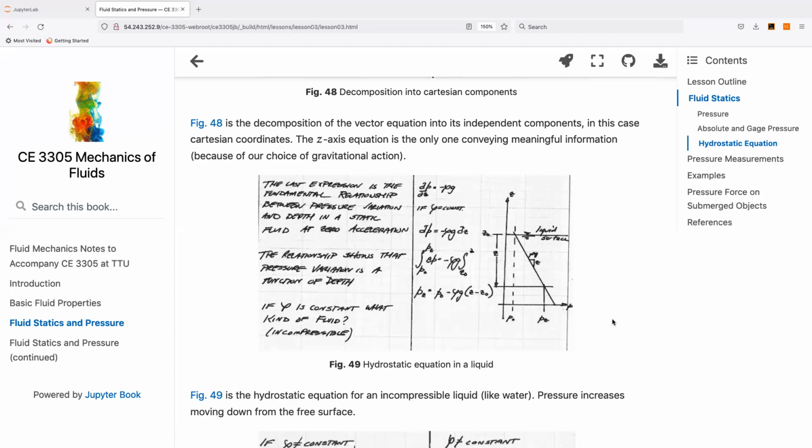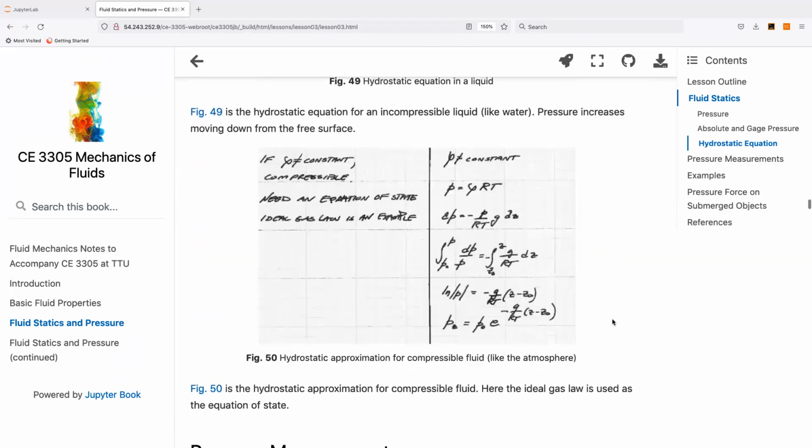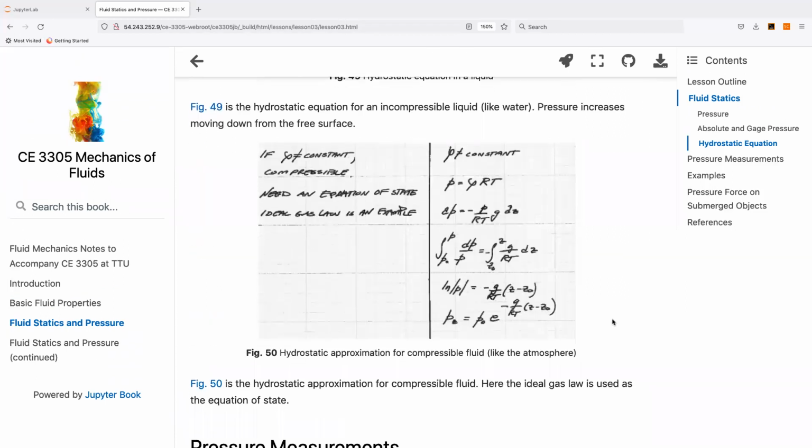So we have a minus 10 right here. We have a minus rho g there. So we have 10 times rho g equal to the pressure at 10 meters. Numerically, that happens to be roughly 1 atmosphere, or 14.7 psi, or 101.325 kilopascals. All 3 units are completely appropriate. That was for incompressible fluids.